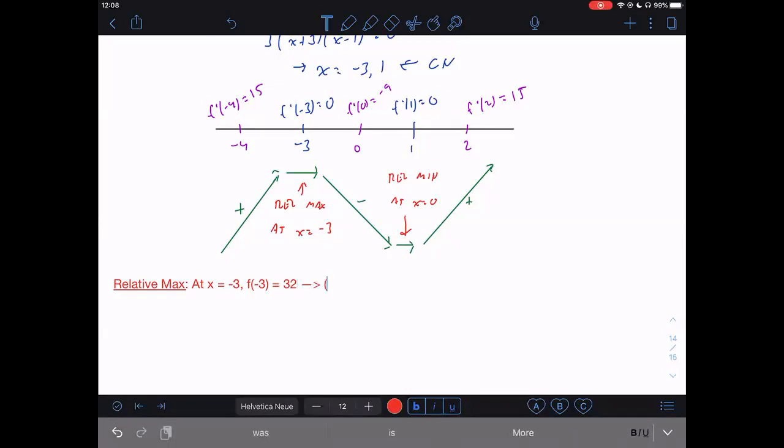So our relative maximum is at -3, 32. Okay. And then we had a relative minimum at the second critical point, which was at x equals 1. Once again, to find the actual minimum value, we plug 1 into the original function, which results in a value of just 0. So our relative minimum is at 1, 0.